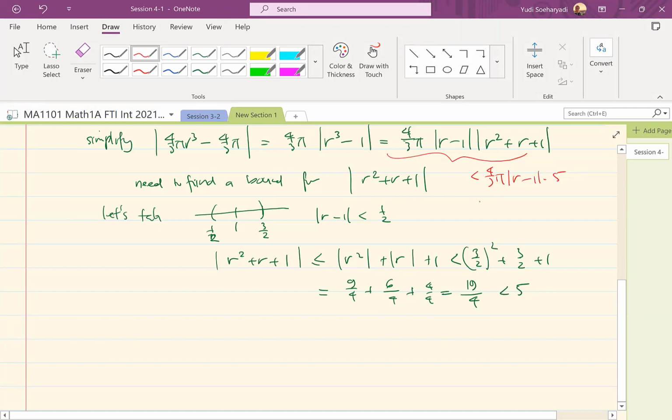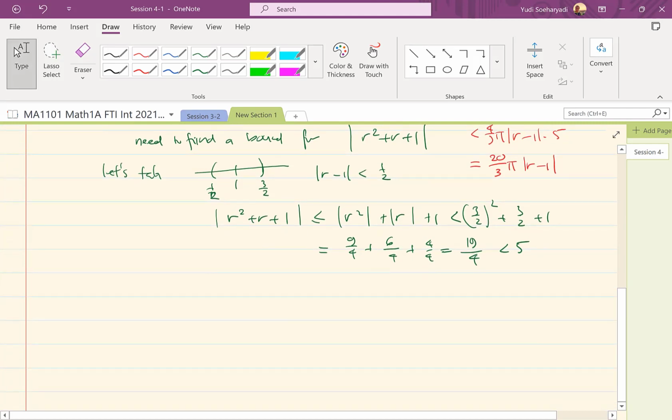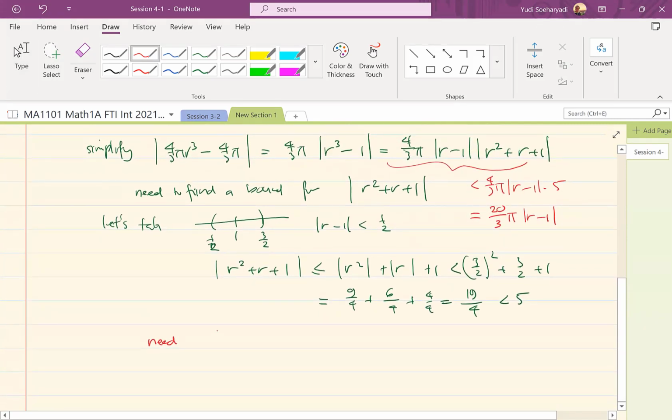So then this is less than or equal to, say, 20 over 3 pi times r minus 1. So we need r cubed minus 4/3 pi, let me just write down the last thing, to be less than 10^-2.